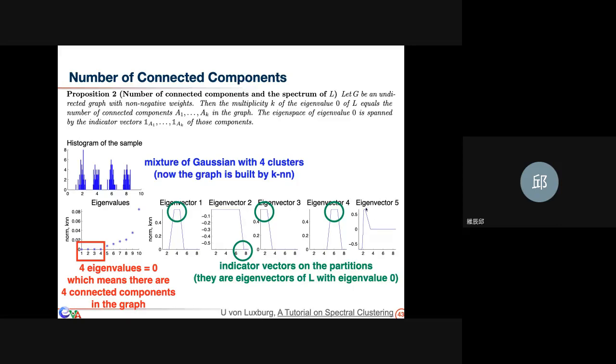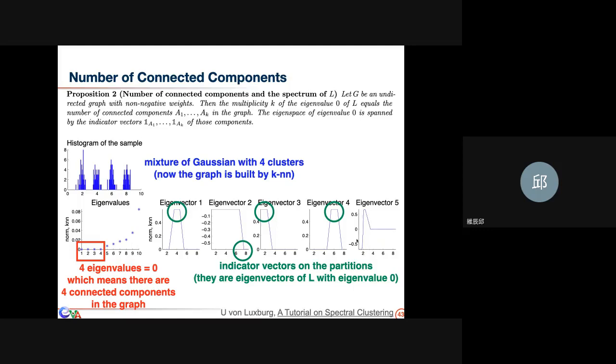Because if you check eigenvector 5, you can see that roughly all the data points with value 8 or 6, or I think around 4, their corresponding elements in the fifth eigenvector have the same value, right?